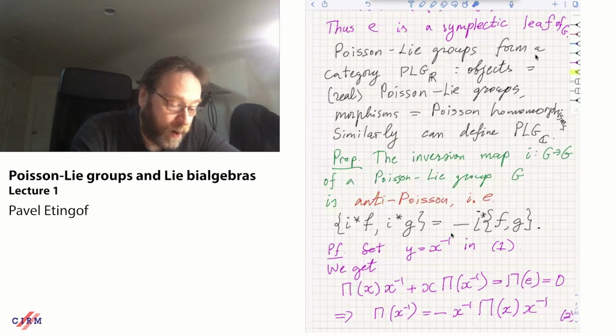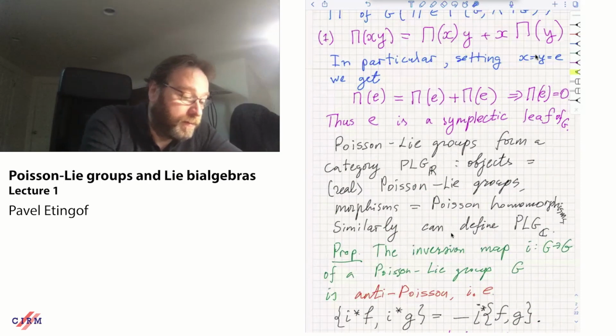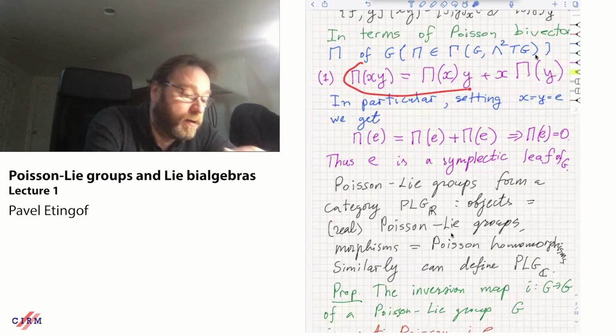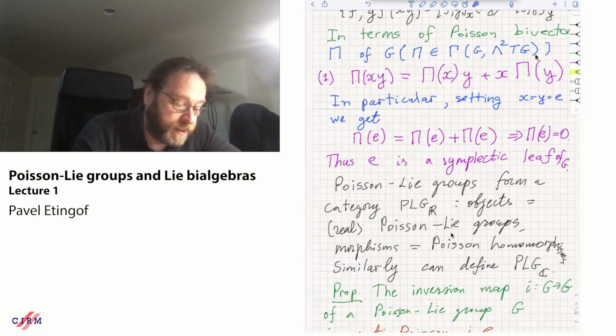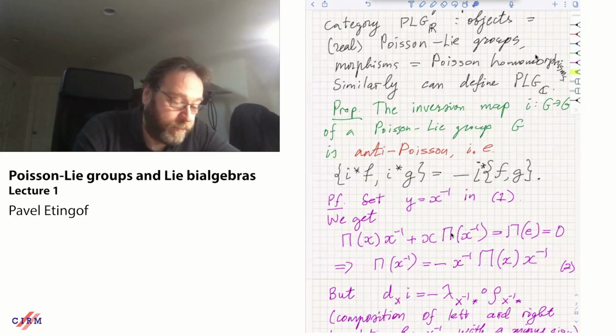You just substitute y equals x inverse into equation 1 here. And what you get is this equation: pi of x times x inverse plus x times pi of x inverse equals pi of e, which is 0, as we know.